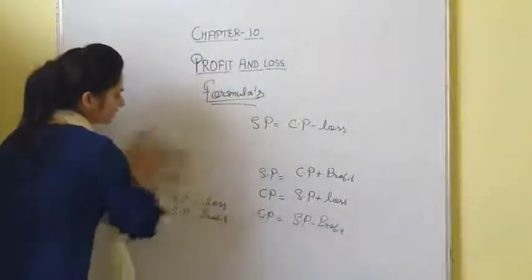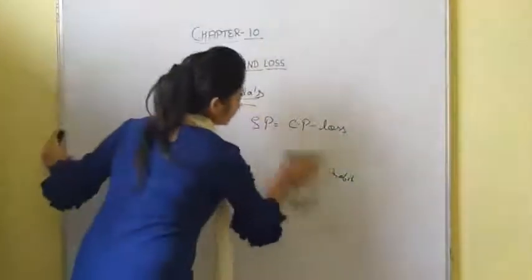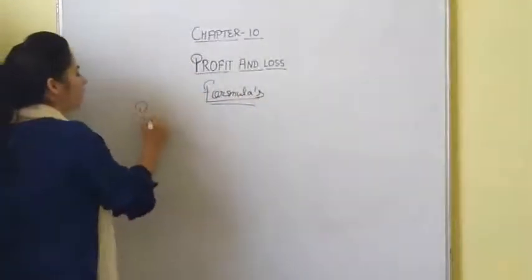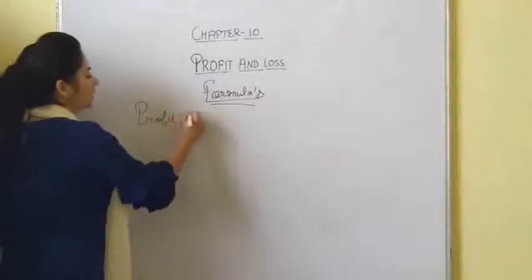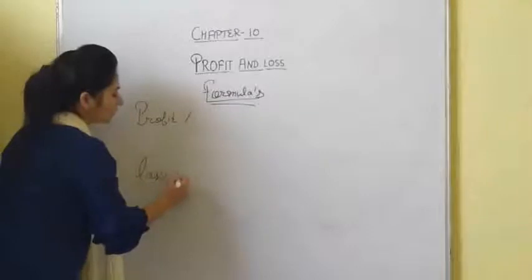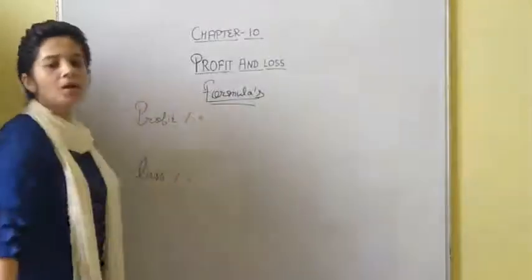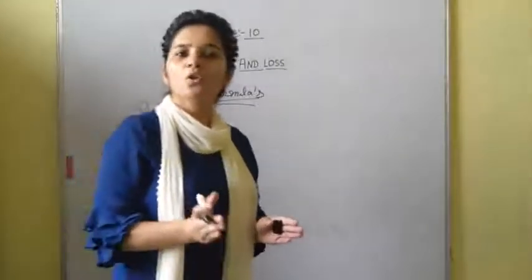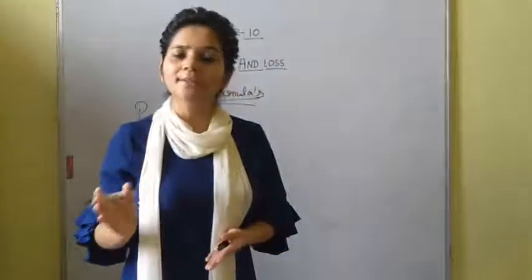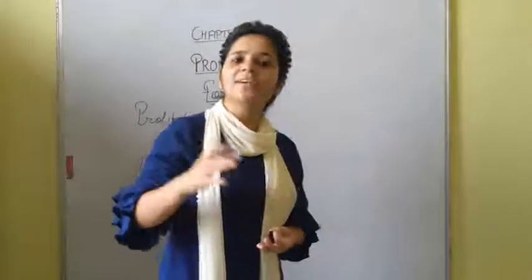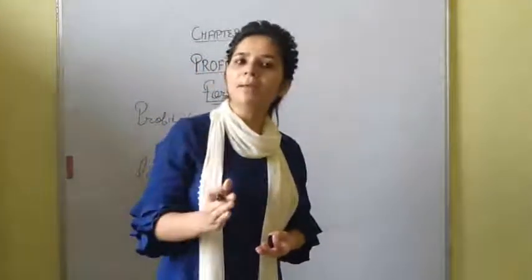Next formula is profit percent and loss percent. Profit percent and loss percent will be reckoned only on CP. किसी भी चीज का प्रॉफिट एंड लॉस सीपी पे डिपेंड करता है.